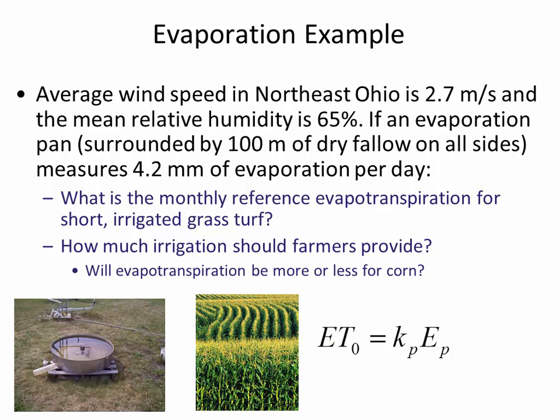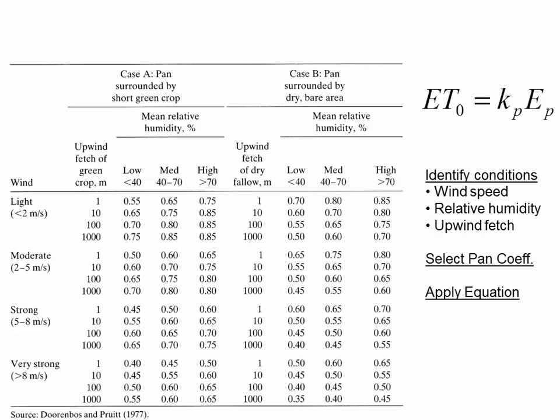Okay, let's go back to the last table and take a look at what kind of a pan coefficient we're going to see for that. Okay, so we can consider the dry fallow as dry bare earth. It's not a short green crop, and so we're going to use a pan coefficient for case B. The relative humidity of 65% puts us in this column.